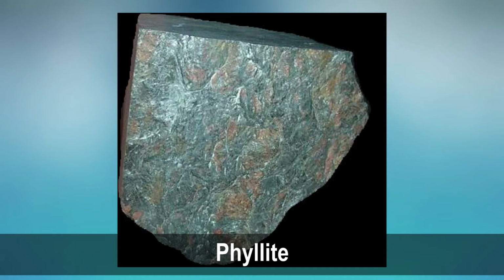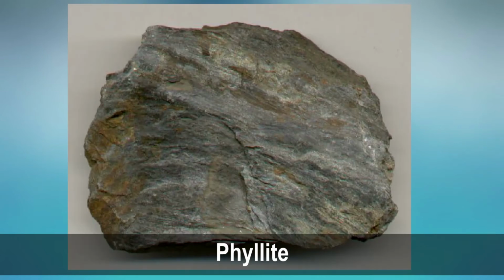Other common minerals found in phyllites besides muscovite include chlorite, green, graphite, dark gray or silvery, and sometimes garnets, red or brown. The characteristic wavy, layered, glittery texture of phyllite is another example of foliation in metamorphic rocks.